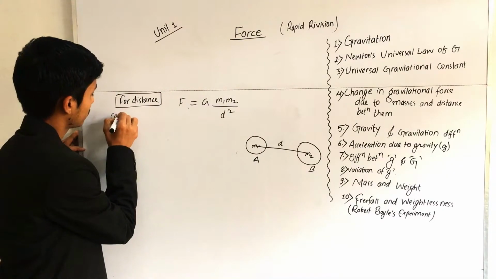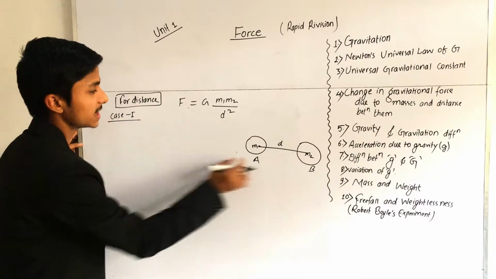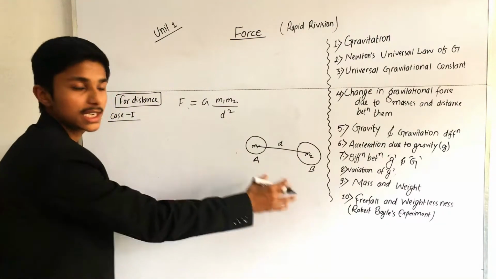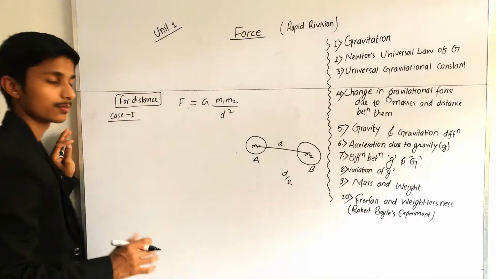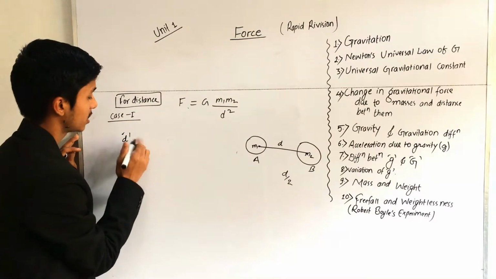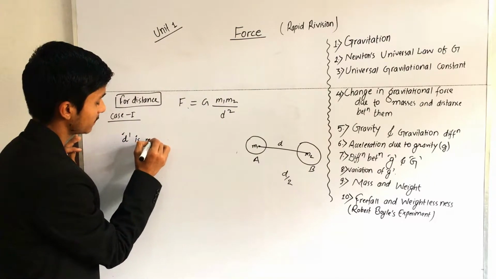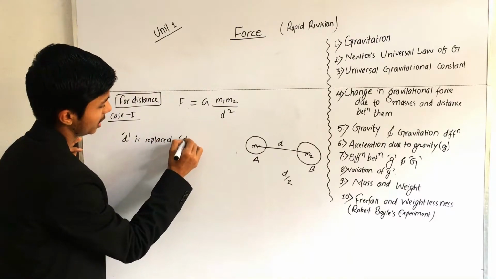Case 1: we discuss when distance is halved. When distance is halved, it means d by 2, so d is replaced by d by 2.